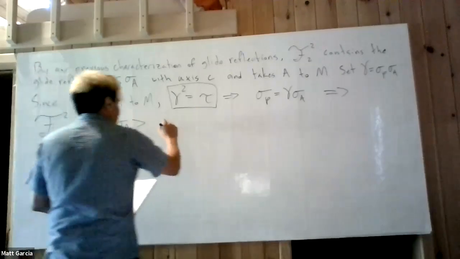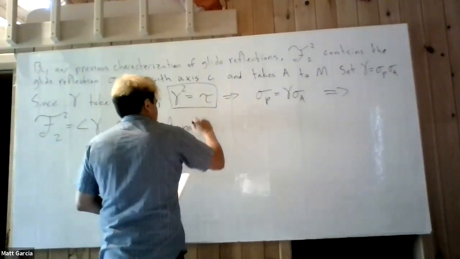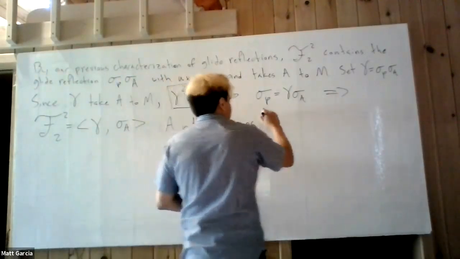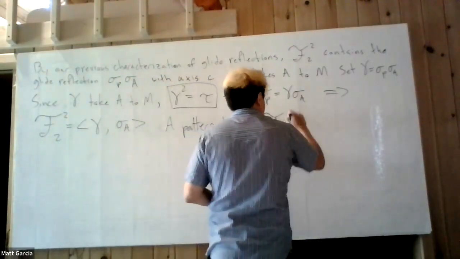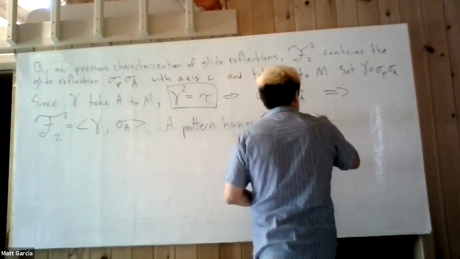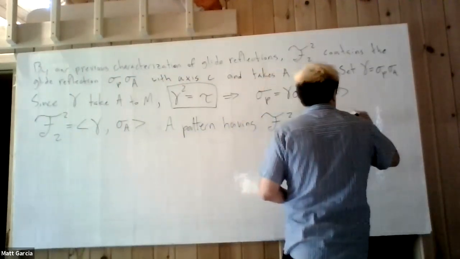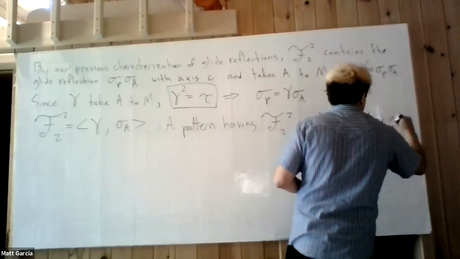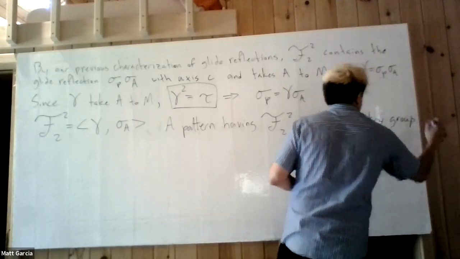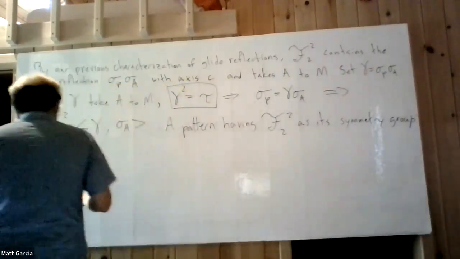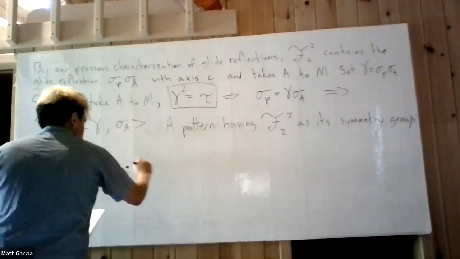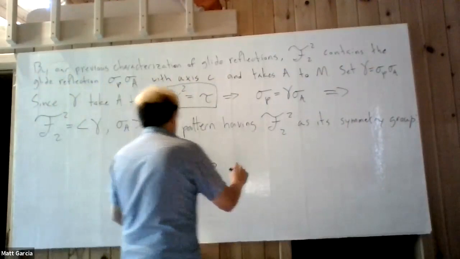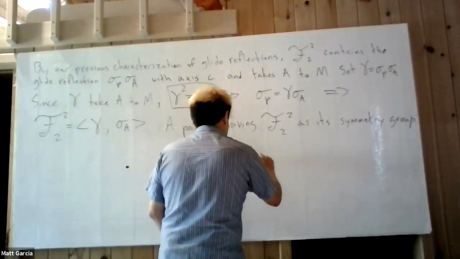We'll say a pattern having F22 as its symmetry group is the following. Our usual convention here, the solid dots are A's and the hollow dots are M's.